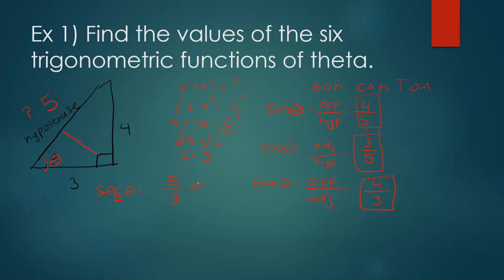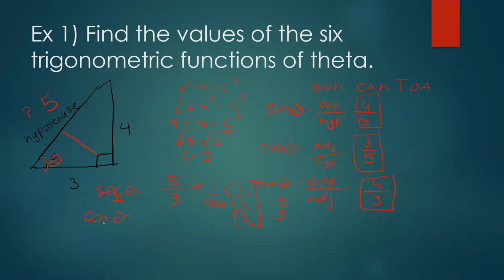Or if you didn't know that, you could remember that secant is the same thing as 1 over cosine theta. I know this is probably even more confusing, but it's okay if you forgot. What is our cosine? It's 3/5. And then I'm going to use the bracket. You would still get 5/3. So either way works.